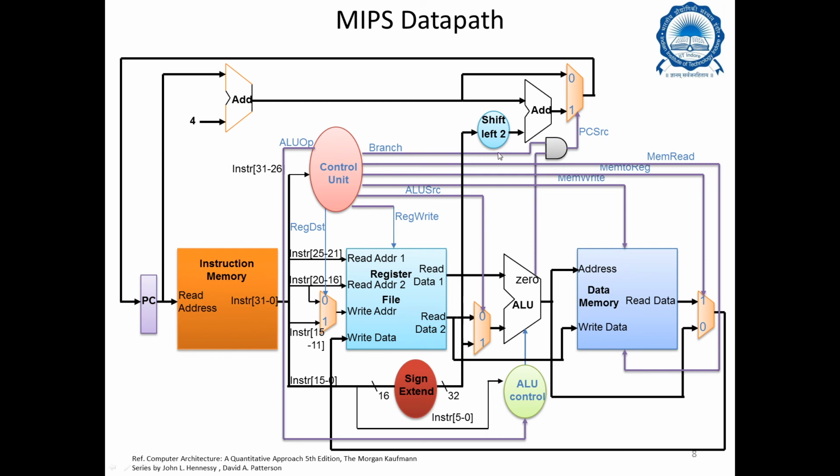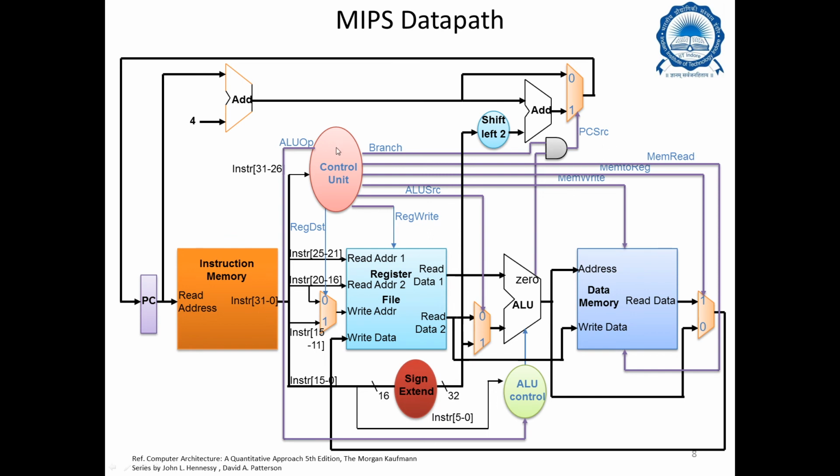The centralized controller is sending signals to almost everything: to this AND gate, to the register file, to this multiplexer, to the memwrite, which is the data memory, to the multiplexer here, which is mem to register, and to the mem read, which helps you read the value in case we want to load it from memory into the register.